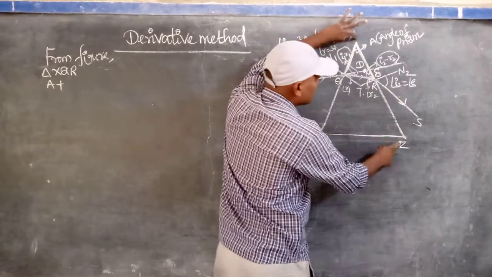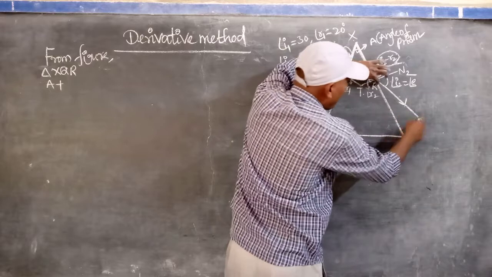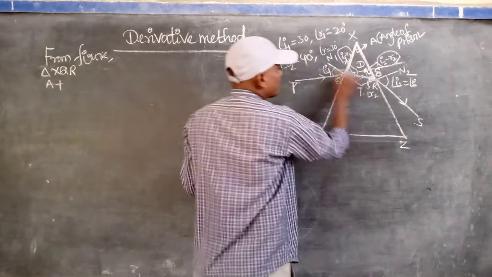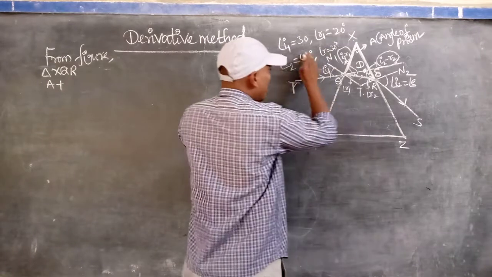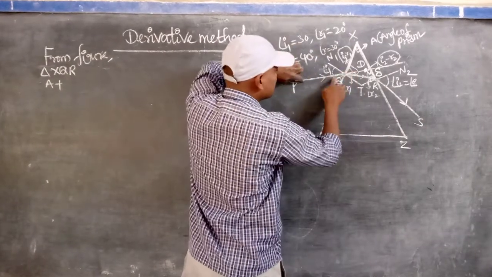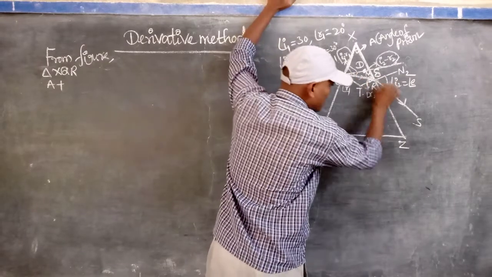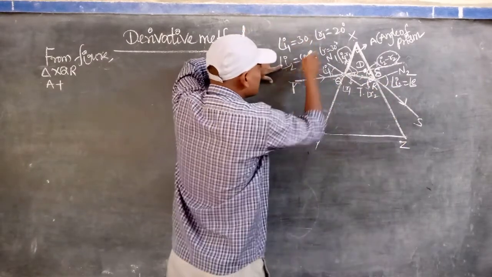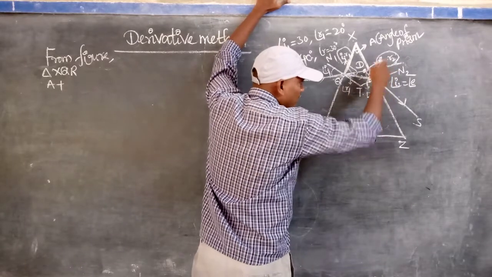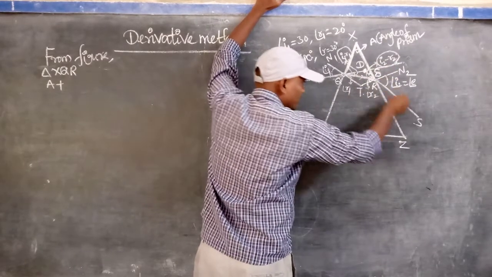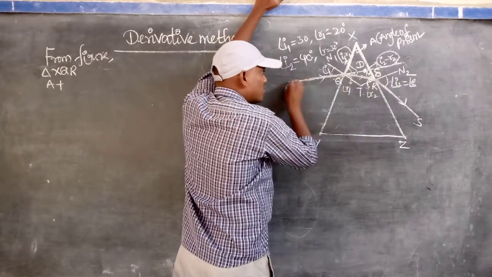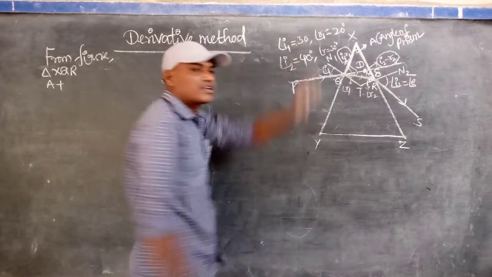For the XZ surface, QR is the incident ray and RS is the refracted ray. Now PQ is 30 degrees, this incident ray like this. Same, I2 is 40, and by taking the protractor we can make 40 degrees. Here 40, here 30, again coming outside, this is 30, here 20, like this.